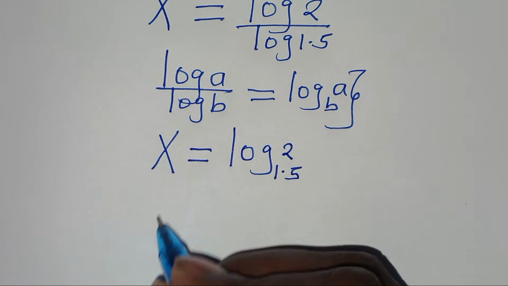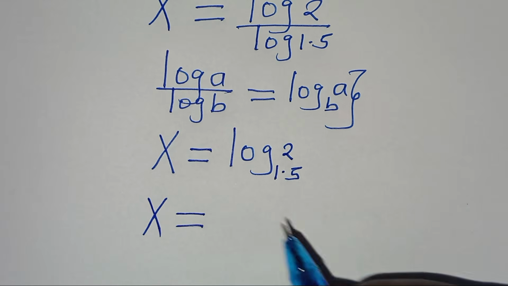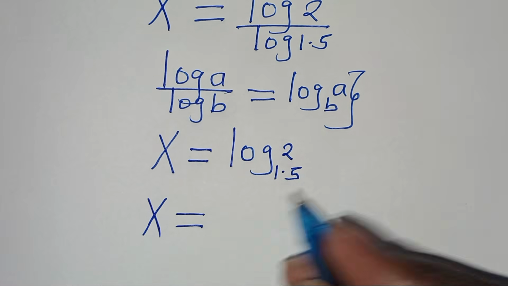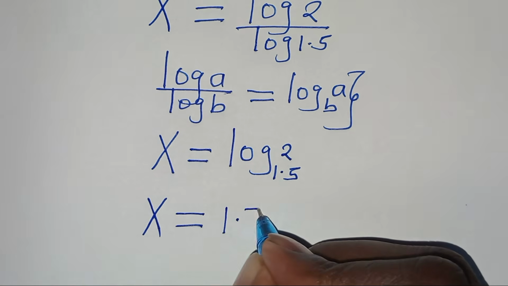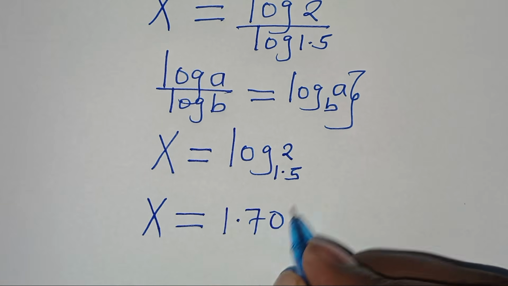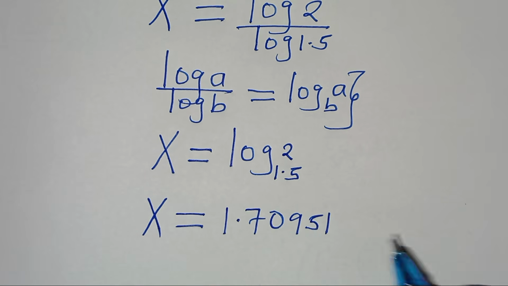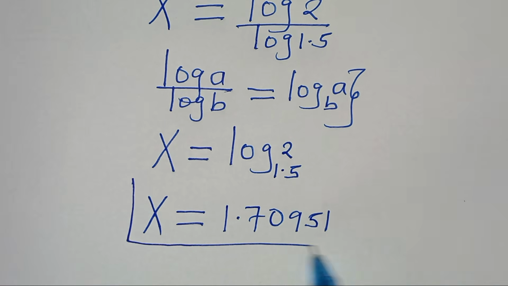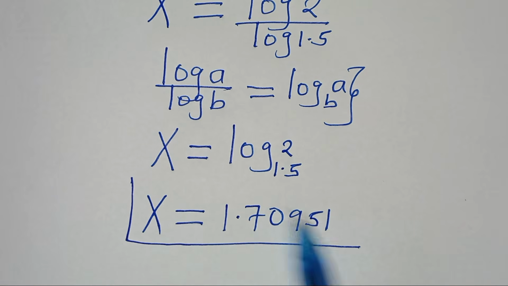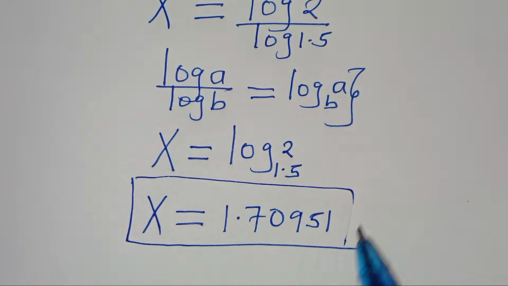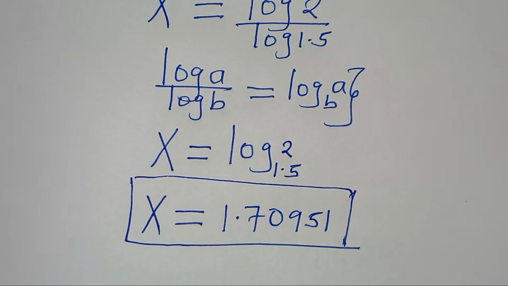And this means that x is approximately equal to 1.70951. So this is the value of x.